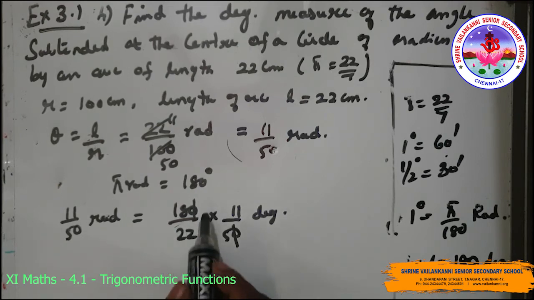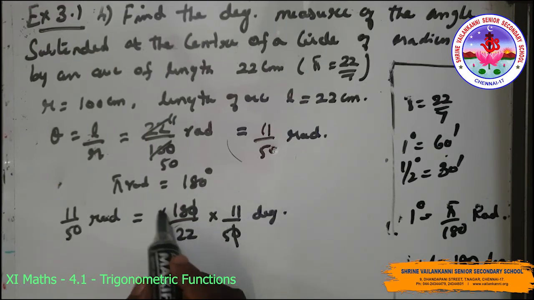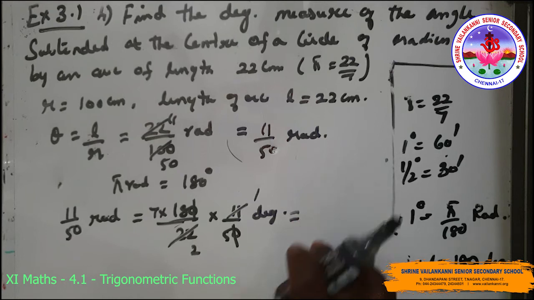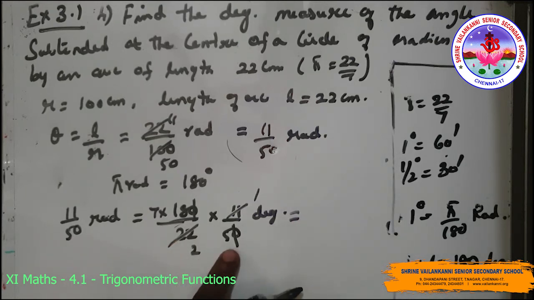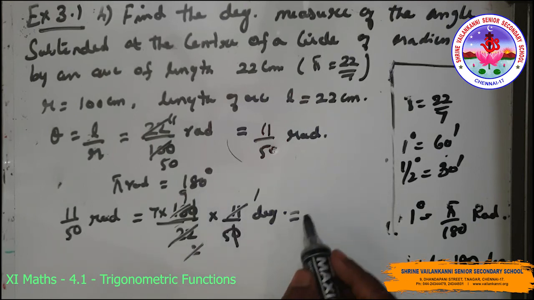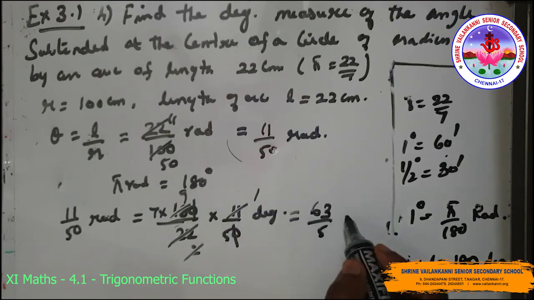So 22, taking 7 to the numerator. So 11 and 22 will get cancelled. Then 7 into 18 by 10 degree. So 7 into 18 by 2 into 5. We can cancel 2 and 18, 9 times. So 63 by 5 degree.